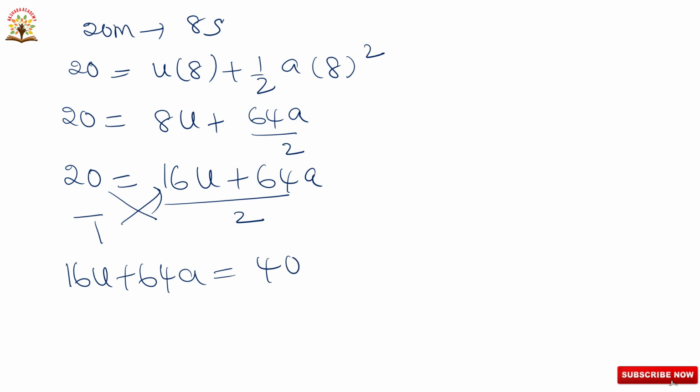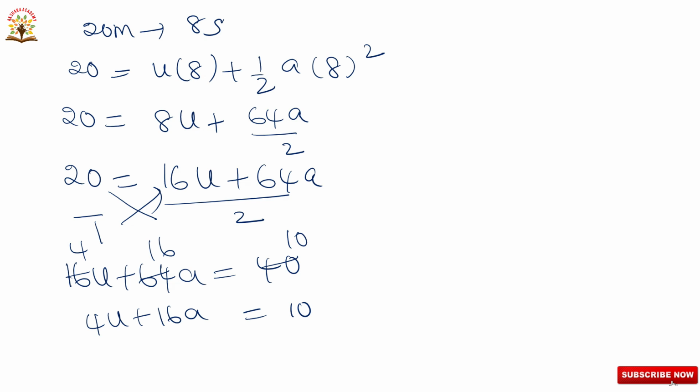Now dividing this equation by 4: 4 fours are 16, 4 sixteens are 64, 4 tens are 40. So 4u plus 16a is equal to 10.